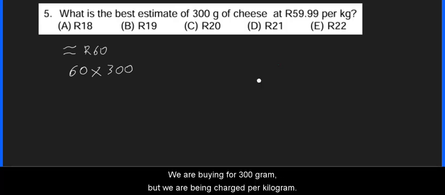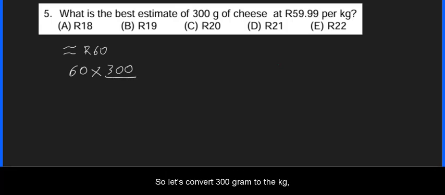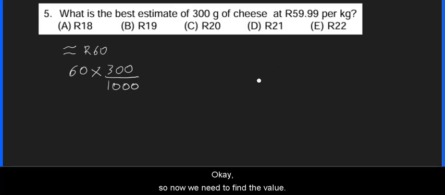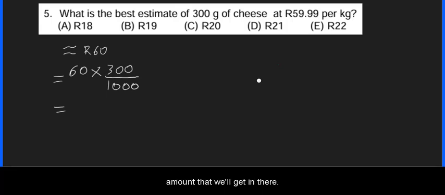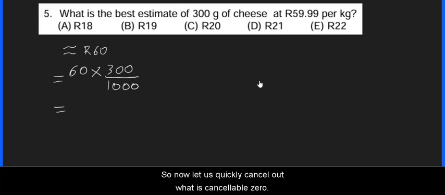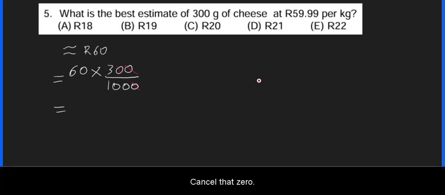We are buying 300 gram, but we are being charged per kg. So let's convert 300 gram to kg, which is dividing 300 by 1000. Okay, so now we need to find the value. We just approximated 59 rand 99 to 60 rand, which there's nothing wrong with doing, because we're looking for the estimate, the closest amount. So now let us quickly cancel out what is cancelable. 0 cancels the 0, 0 cancels that 0.